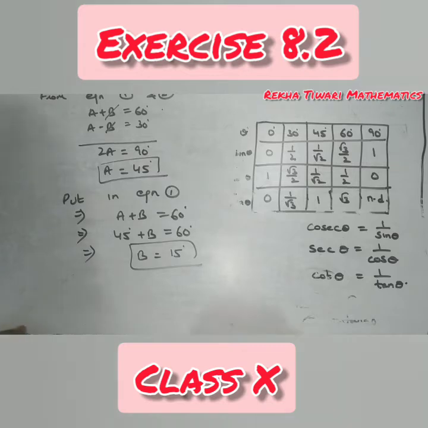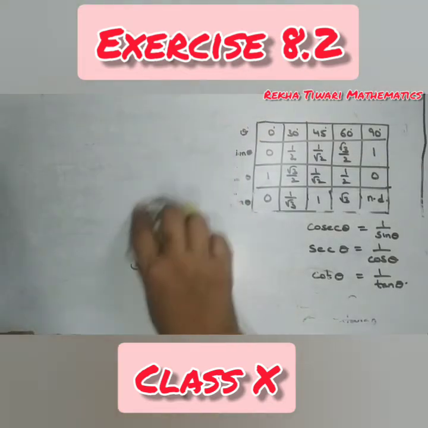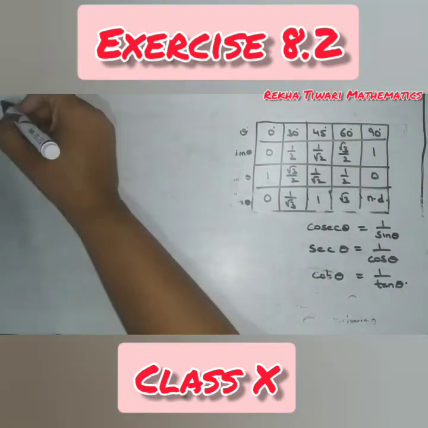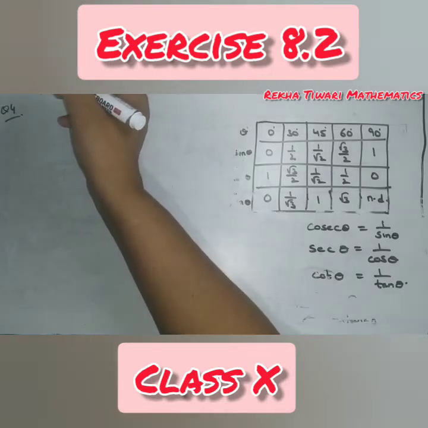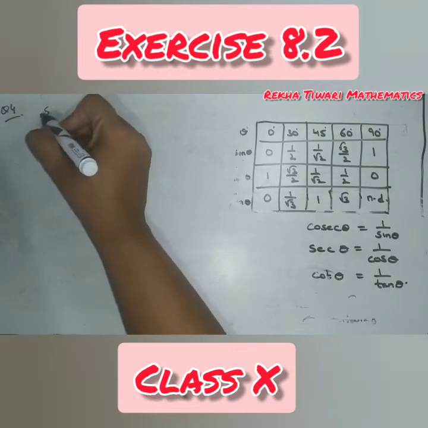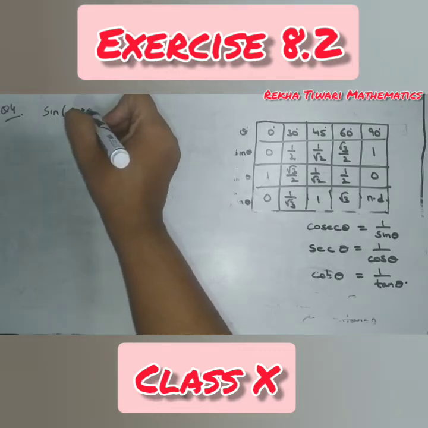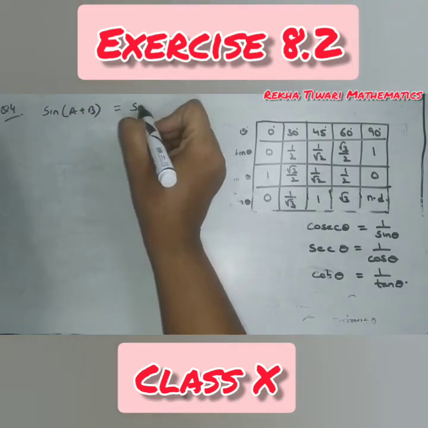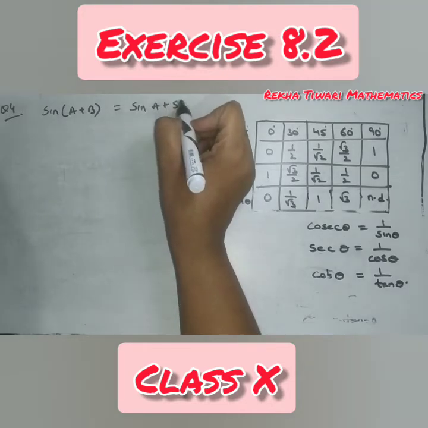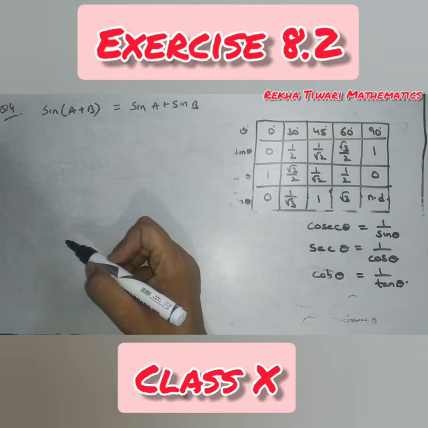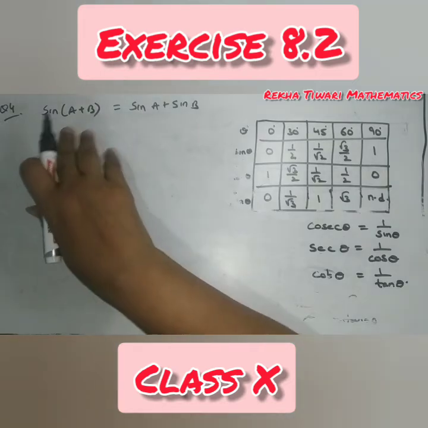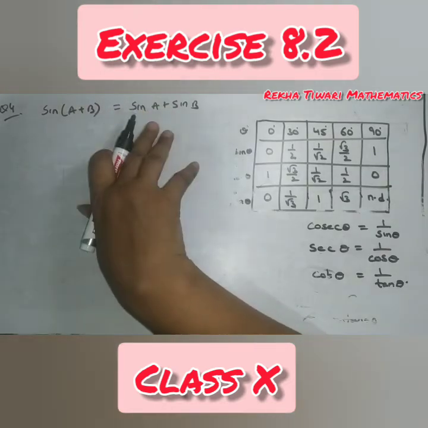Now move to the last question of the exercise, question number 4. State whether the following are true or false. Justify your answer. First one, sin a plus b is equal to sin a plus sin b. This statement is completely false. You can put down the values and verify this.